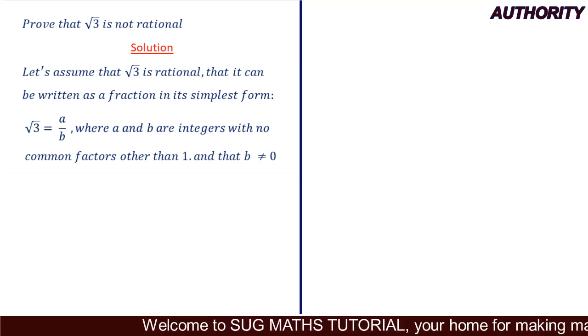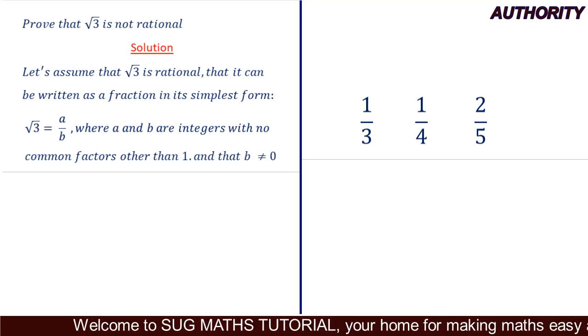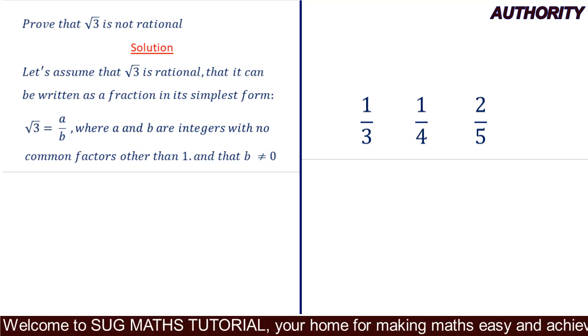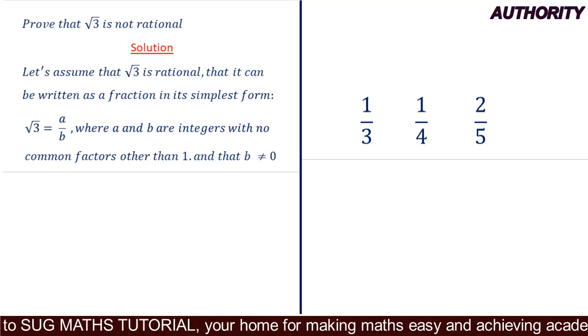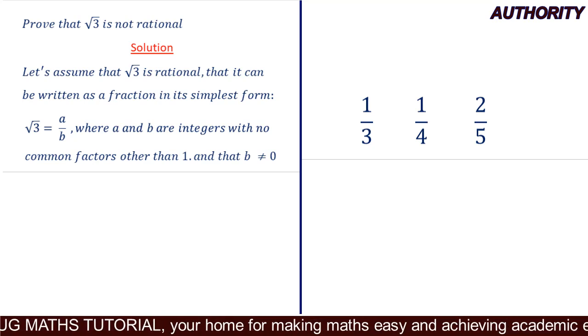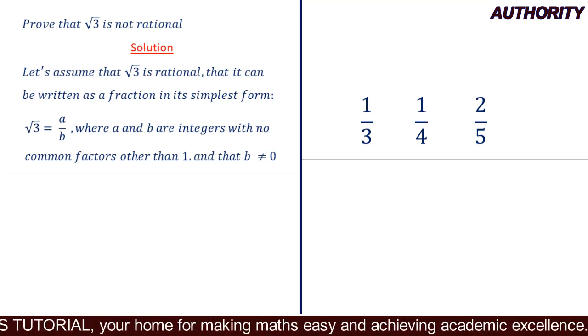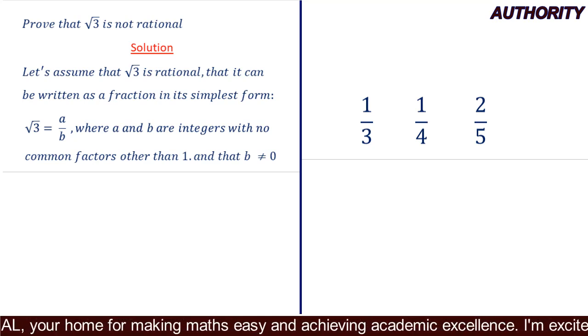Do you see this number 1 over 3 or 1 over 4 or 2 over 5? These numbers are in their simplest form. These fractions are not having any common factor except 1, and they are not divisible by any other number except 1.